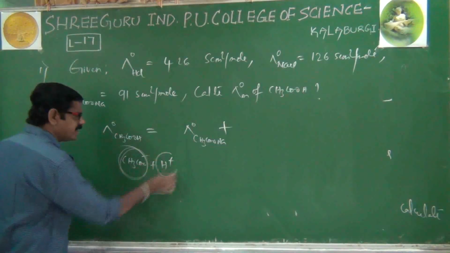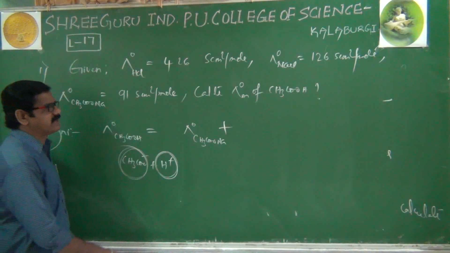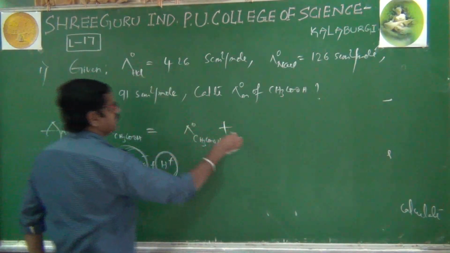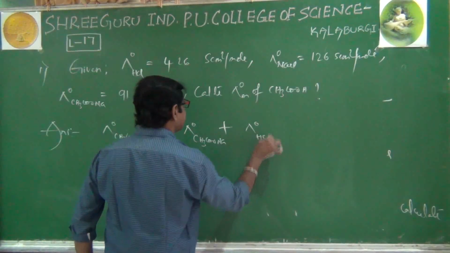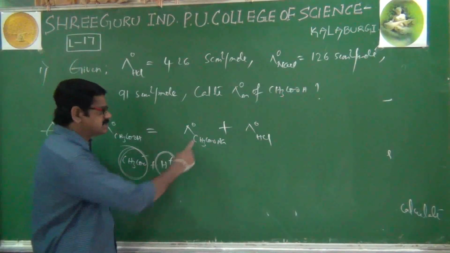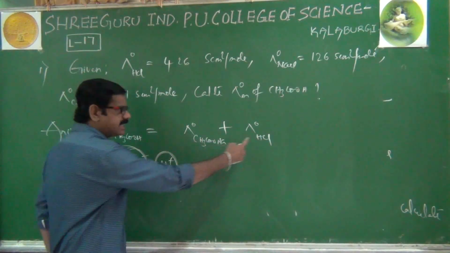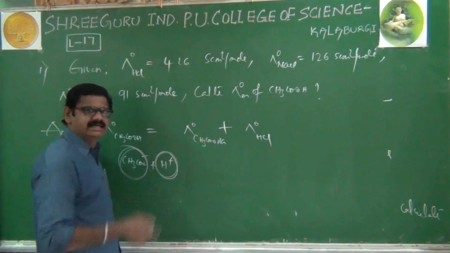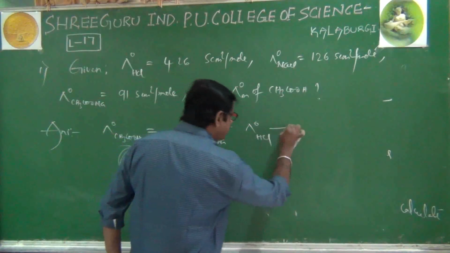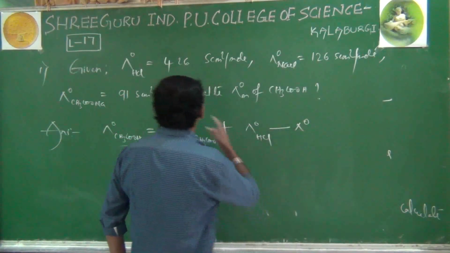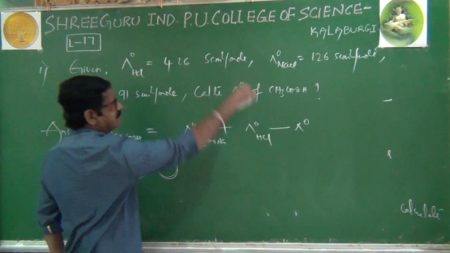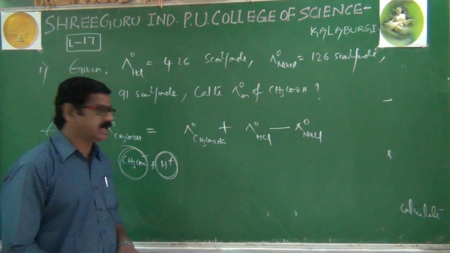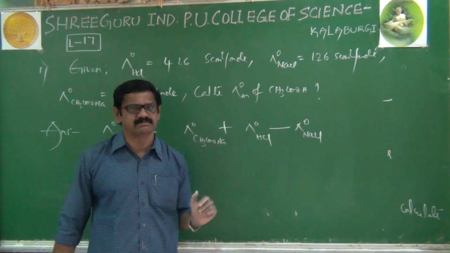Next plus, where H plus ion is present: in HCl. So we write lambda naught HCl. Next, only CH3COO minus and H plus are needed, Na plus and Cl minus are not needed. That's why immediately we write minus lambda naught NaCl, by doing the subtraction, because we have to remove NaCl.